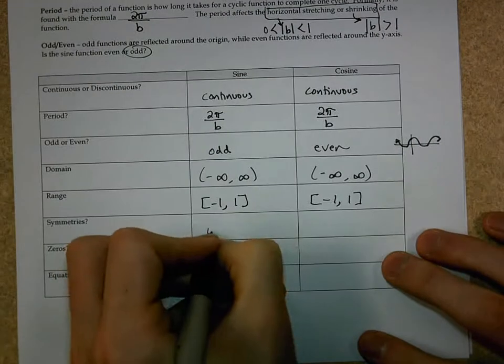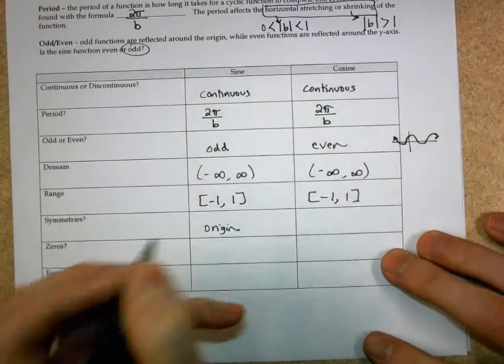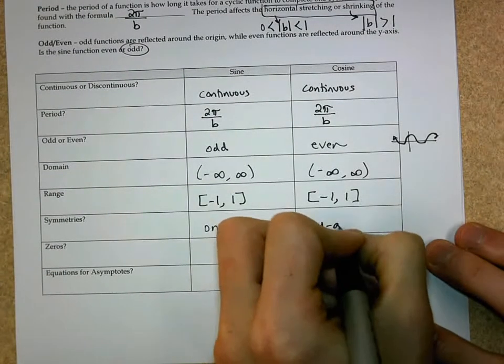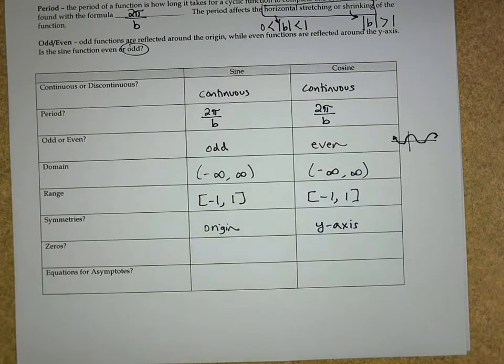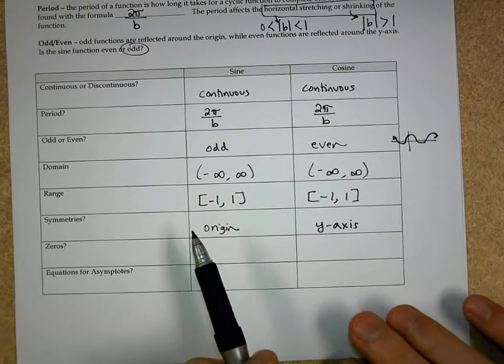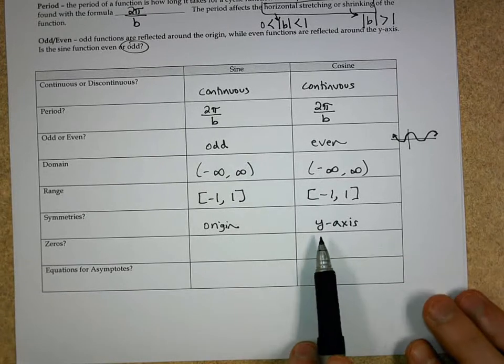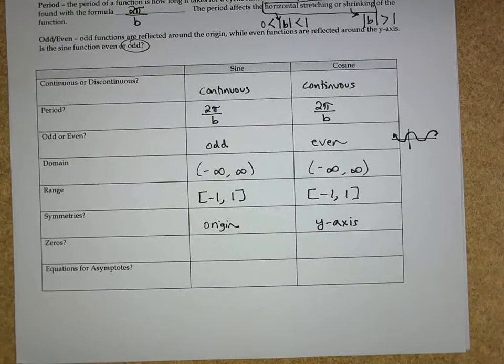Any symmetries that we've got go around the origin for sine and the y-axis for cosine, and that's tied directly into the fact that the sine function is odd and the cosine function is even, which is why we're on the y-axis.